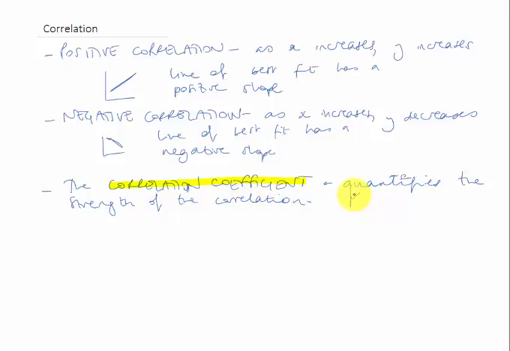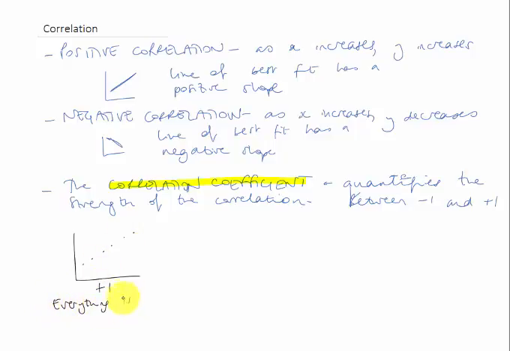And it's a number between -1 and +1. So if we have a straight line, so here we've got a perfect correlation, so everything's perfectly on a straight line, so this would have +1. That's the perfect correlation.